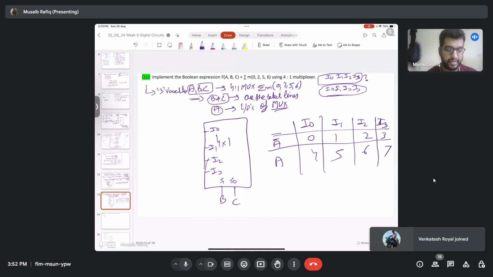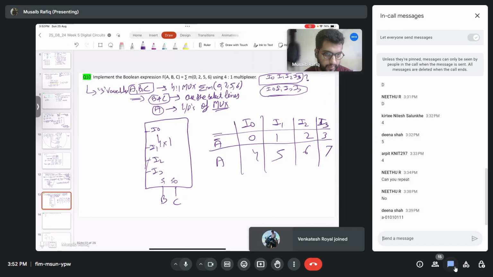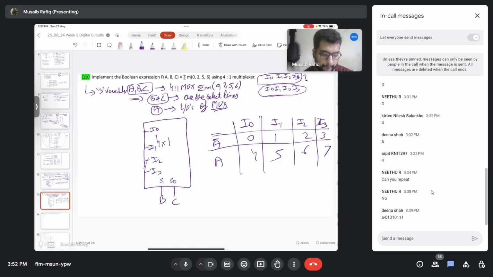Just one question here. Does anyone know what this table is called? What do we call this table? I think it has a proper name.